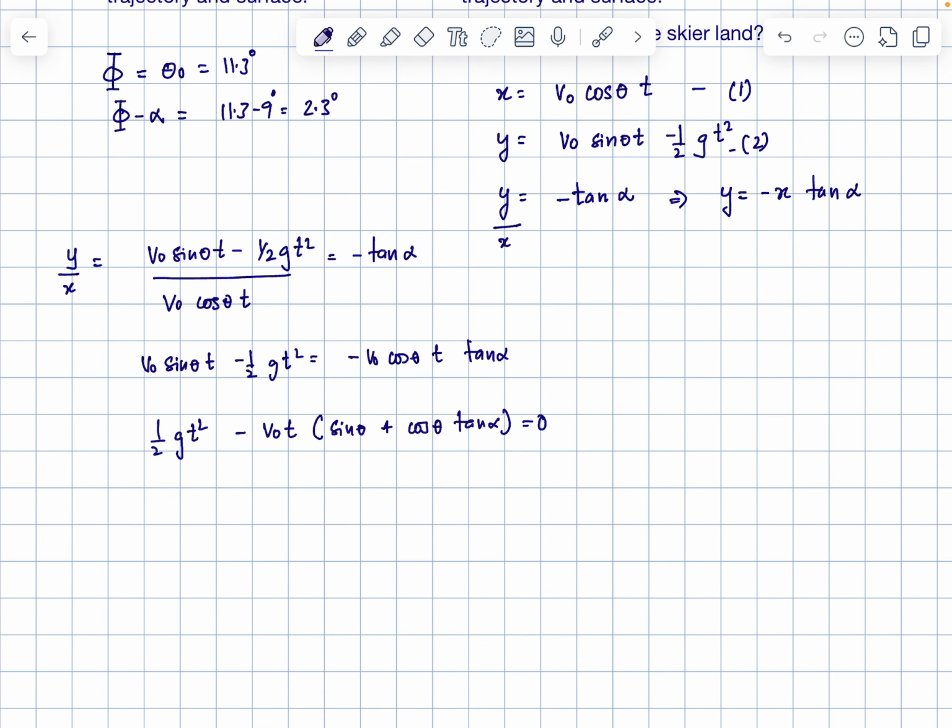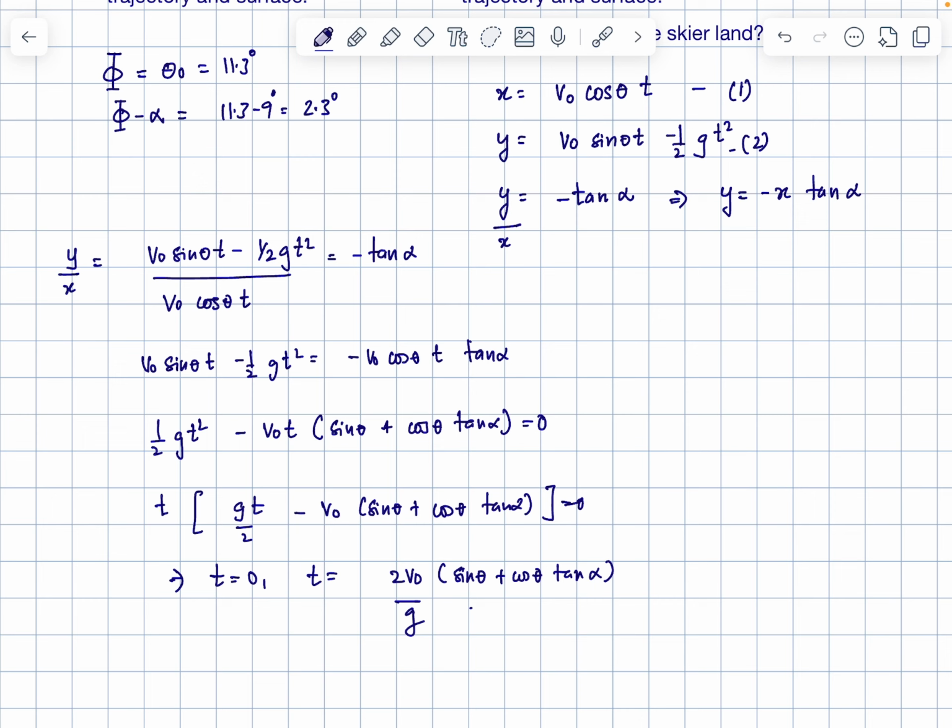Okay, and taking t as a common factor, we will write t times g t divided by 2 minus v0 times sine theta plus cosine theta tan alpha, equals 0. Therefore, t has two solutions: 0, or t equals 2 v0 times sine theta plus cosine theta tan alpha, divided by g. Okay, so essentially that's what we get.